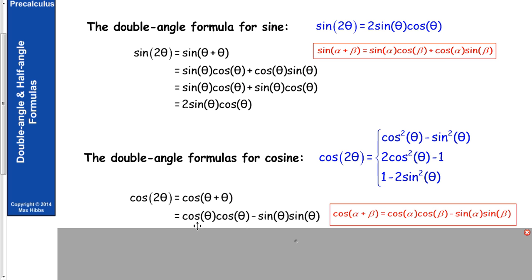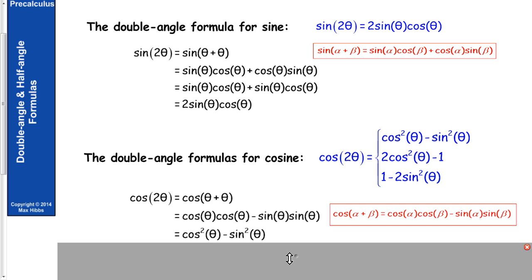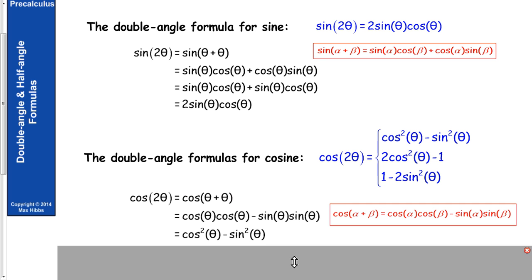Well, here, since the angles are the same, this ends up being cosine theta times cosine theta minus sine theta times sine theta. And of course, cosine theta times cosine theta is nothing more than cosine squared theta. Likewise, sine theta times sine theta is sine squared theta. So you see we have the very first expression up here by the method that we just used.